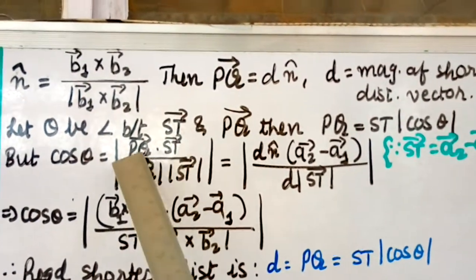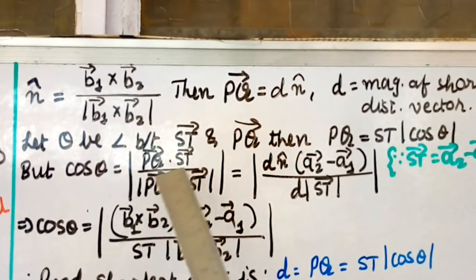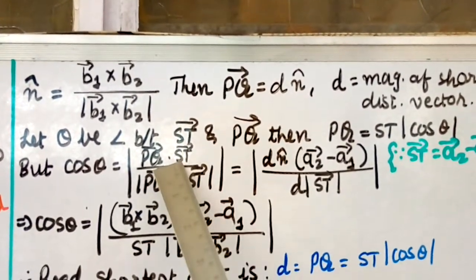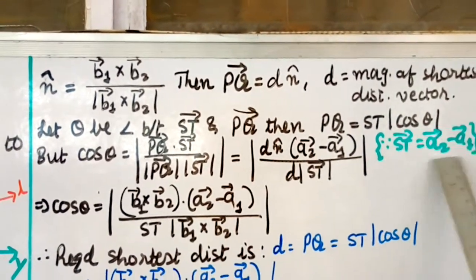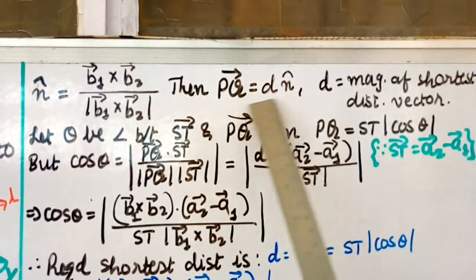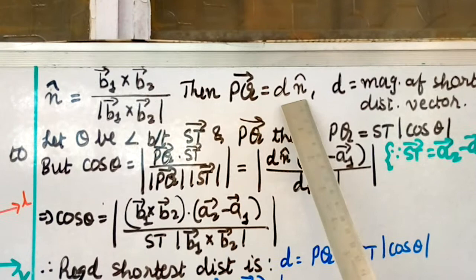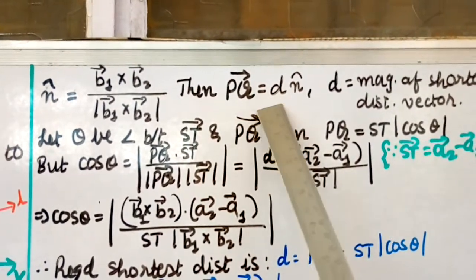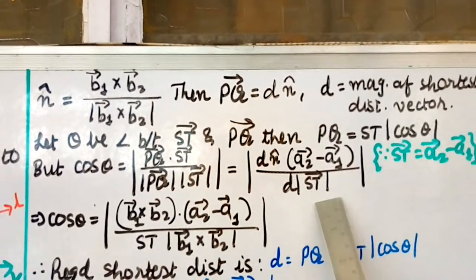Now we can write PQ as D n cap. ST will be the position vector of T minus the position vector of S, that is A2 minus A1. So ST equals A2 minus A1, and PQ is D n cap. If you take the magnitude, n cap gives only 1, so I am writing only D, and the magnitude of ST stays as it is.